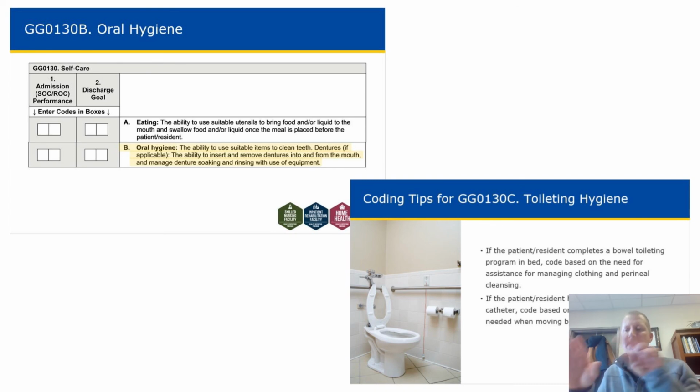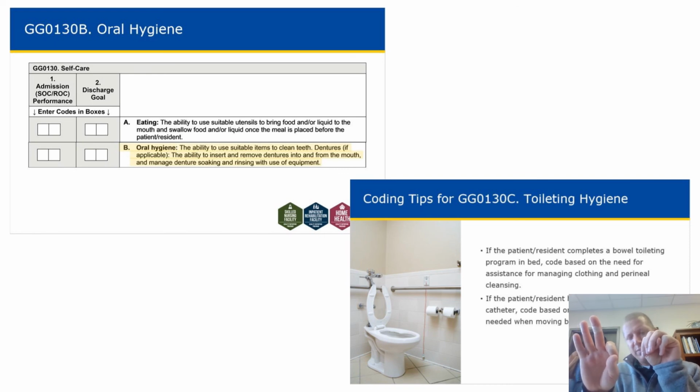So maybe out of those 8 items, maybe they can fasten their pants and unfasten their pants. Maybe they need a little bit of assistance pulling up their underpants or pants. Maybe they need a little bit of assistance making sure that they're clean.